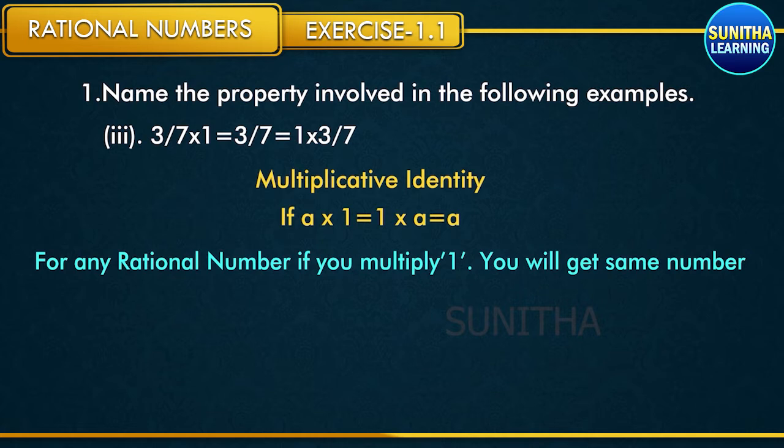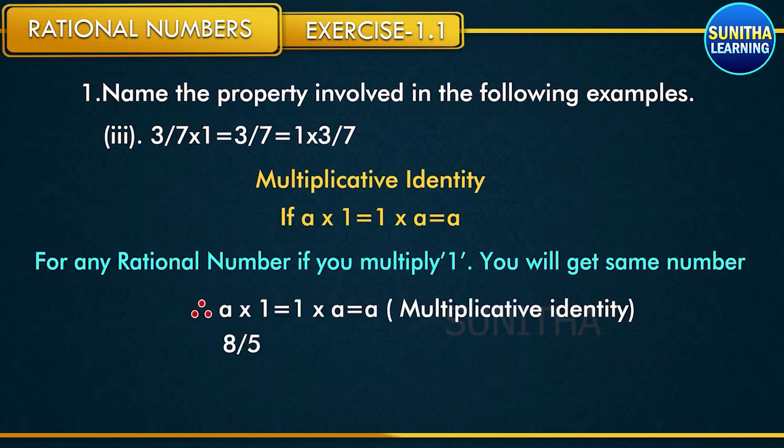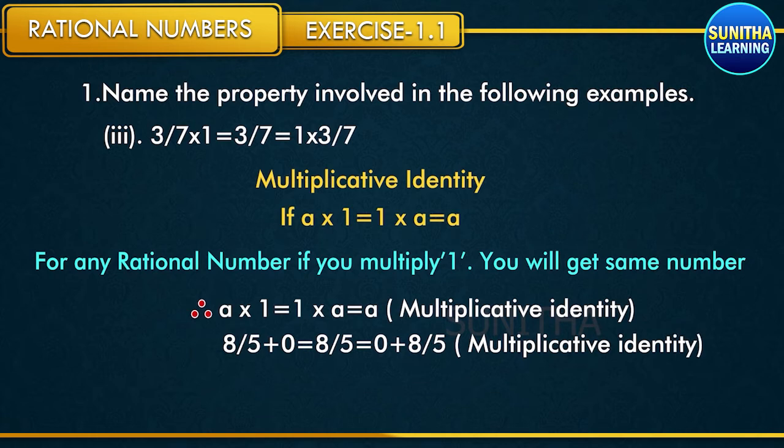So the property is multiplicative identity. The condition is a into 1 is equal to 1 into a. Here a is any rational number or integer, it could be anything, because the multiplicative identity and additive identity are applicable for all kinds of numbers that we have already discussed.